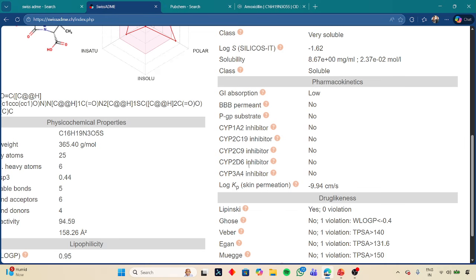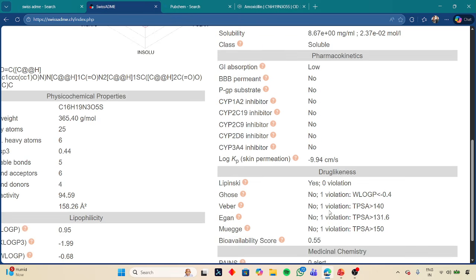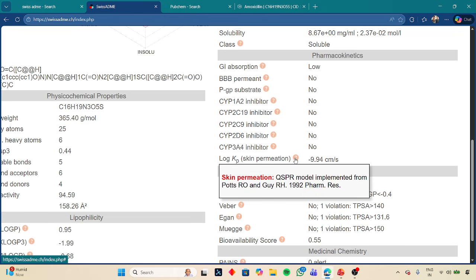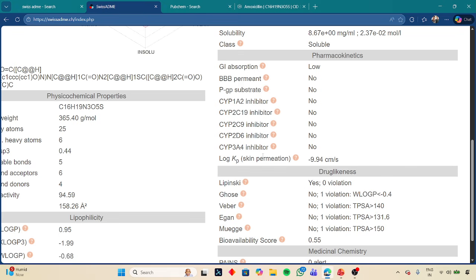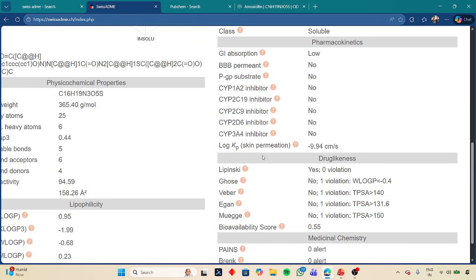These two enzymes are very important in our body. Then the log Kp value, the skin permeation, is minus 9.94, which is also in the same range. It does not have much skin penetrating activity.